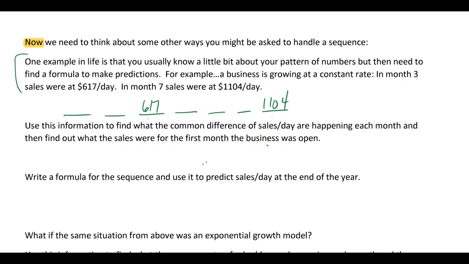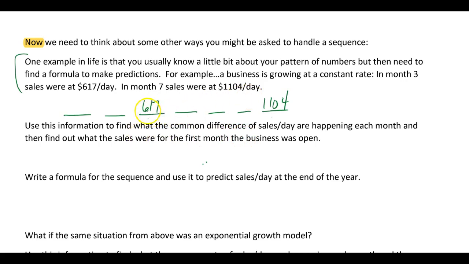Alright, now I realize some of you already know that this is a word problem from Algebra 1, and it's basically a linear problem. And you could do it with a y equals mx plus b, but I'm trying to show you how you can tie it into sequences as well. So what I would do to find the common difference, aka slope, is I would figure out the common difference.